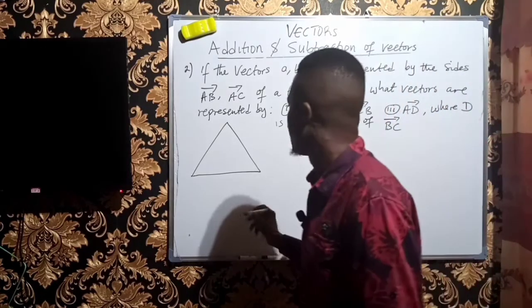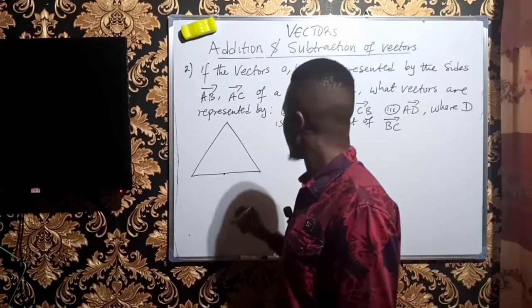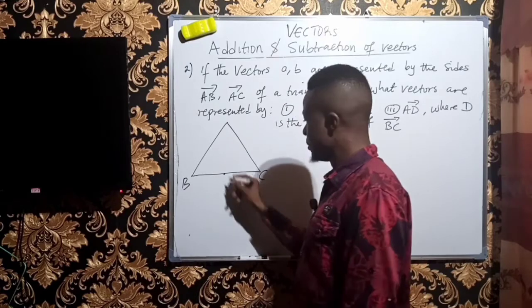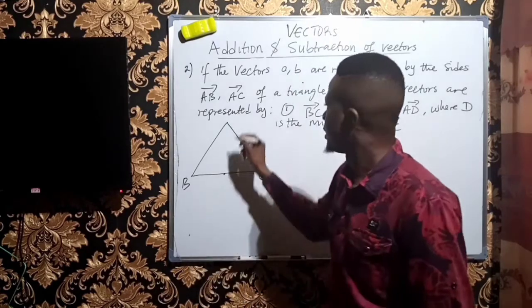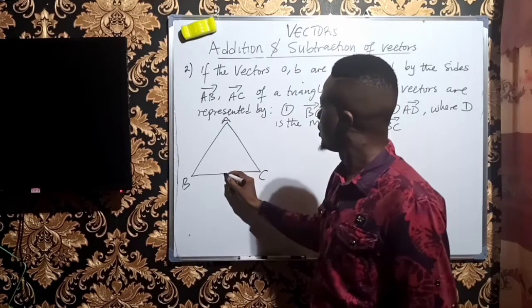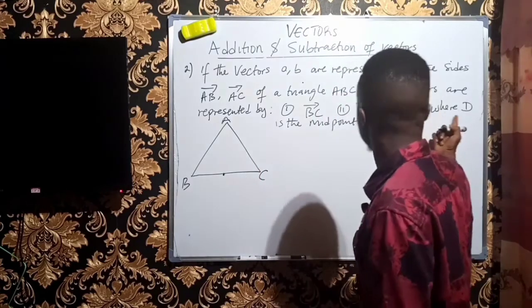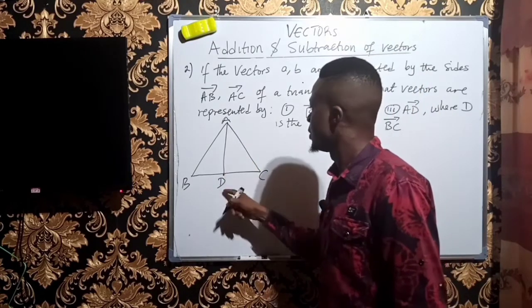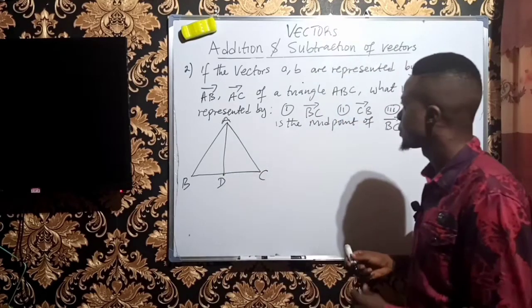So since they say midpoint of line BC, let us make the BC to be on the base so that we can easily get the midpoint. Then here will be our A. So this midpoint, they say that D is the midpoint, so I can call here D. So this is now our AD.